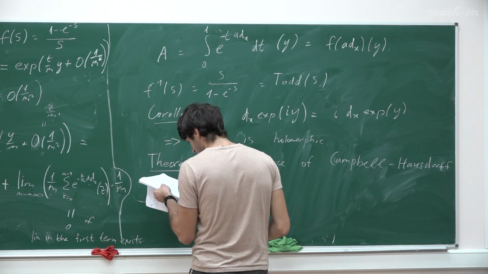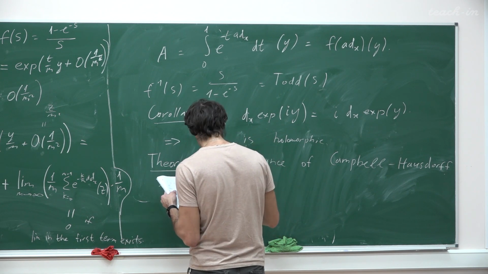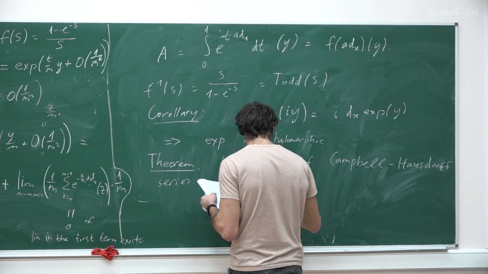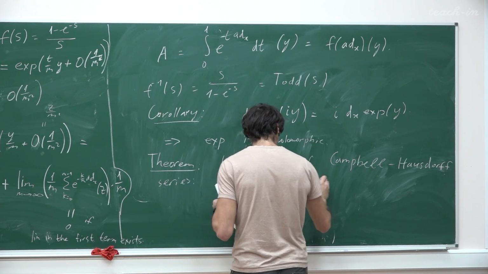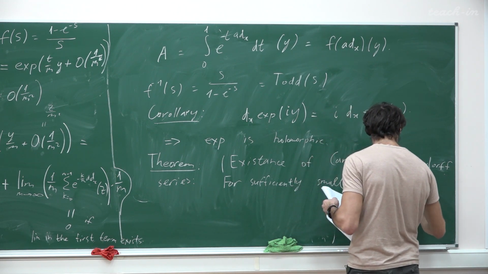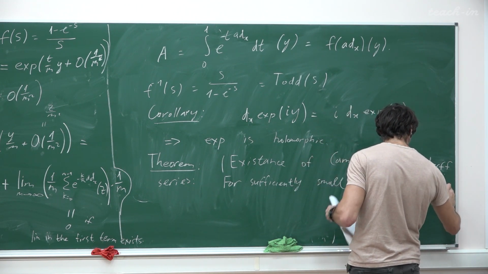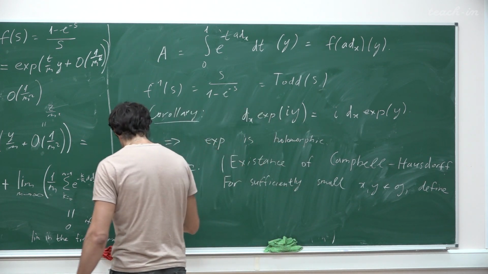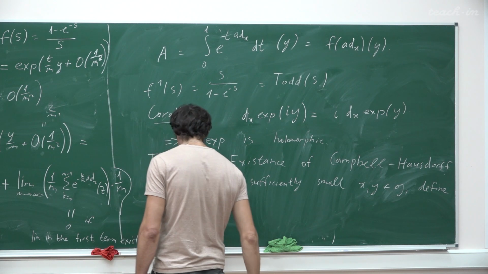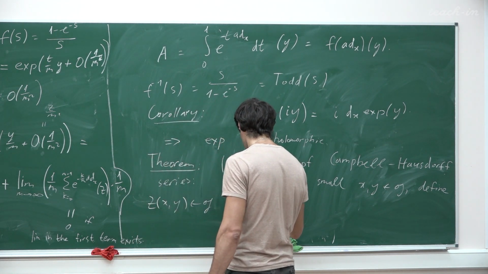And it goes like this. For sufficiently small x and y in G, define another element in our Lie algebra as follows.